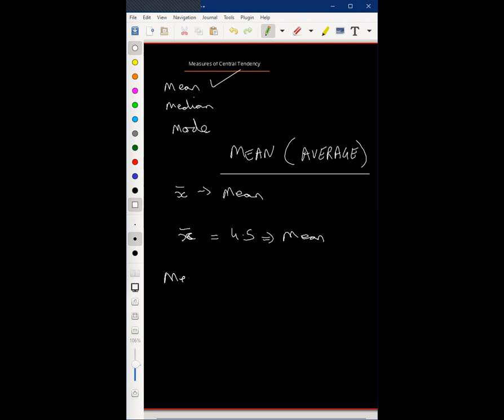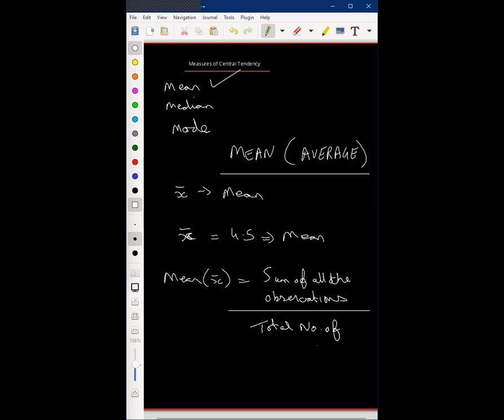Mean or x bar is nothing but the sum of all the observations upon the total number of observations. Please copy this down.